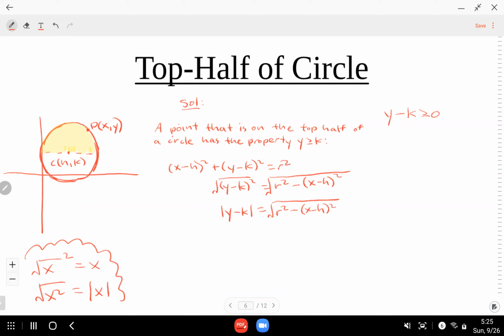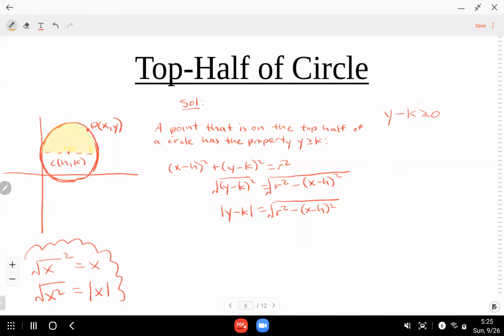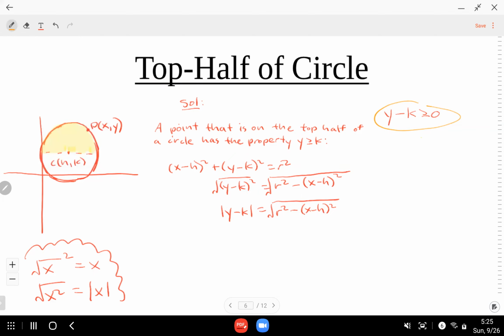Now, since we know that y − k is greater than or equal to 0, what does that imply? Then that means the absolute value of y − k equals what? What does that mean?